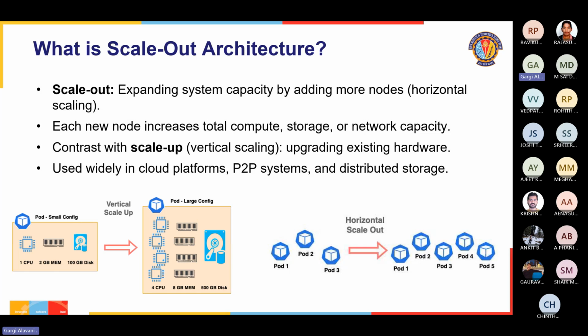Each node might be less powerful individually, but together they deliver far greater scalability and resilience. The choice between the two depends on what kind of workload you have and what the need of this growth is. But in large scale systems, scale out almost always wins over scale up. And scale out is hence used in cloud platforms, P2P systems, and even distributed storages.